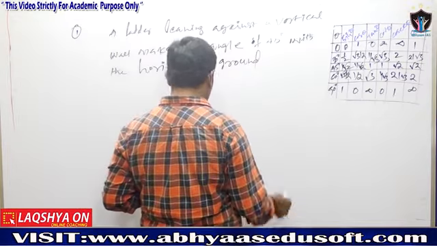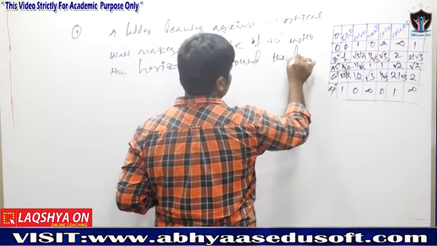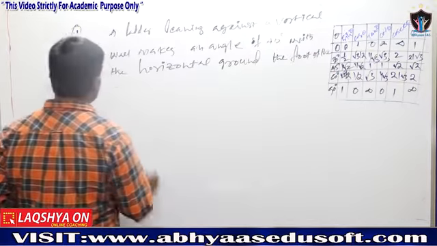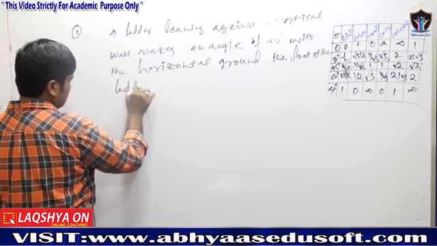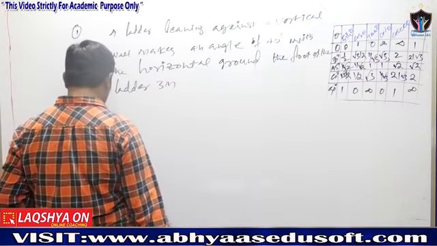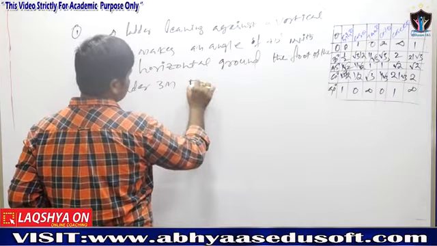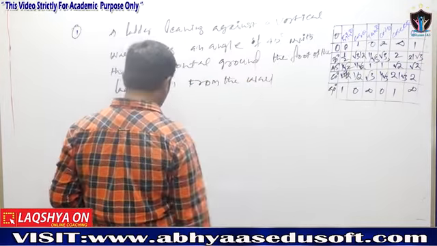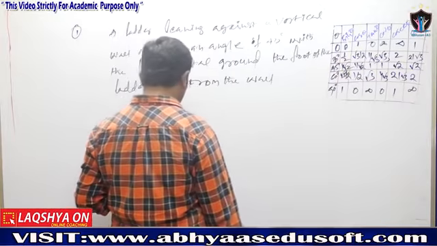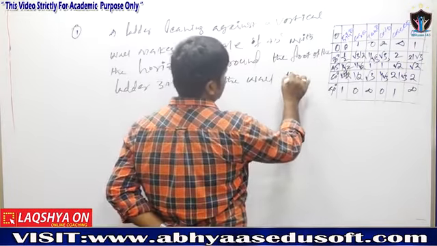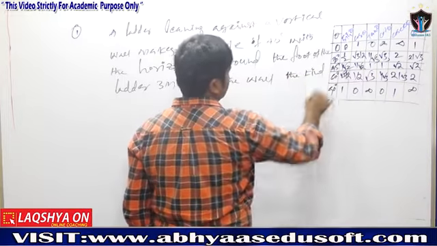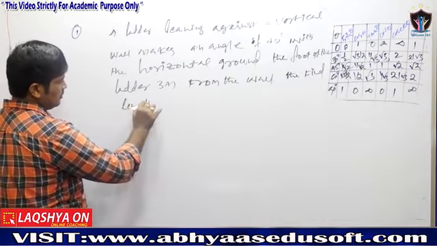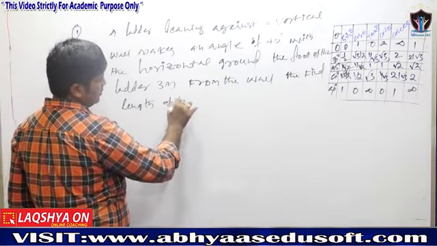The foot of the ladder is 3 meters from the wall. Then find the length of the ladder.